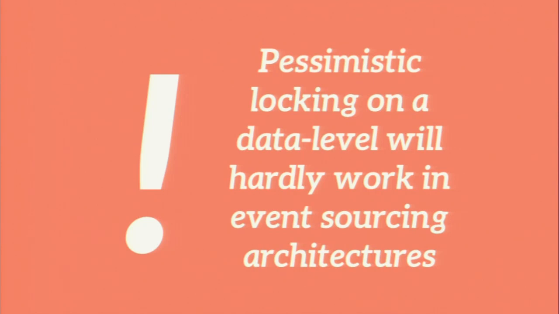And let me be very clear, in my eyes, and I think that is also the strong opinion of the overall community that we're living in, pessimistic locking is a bad practice. You usually don't do pessimistic locks, even in the classical systems.